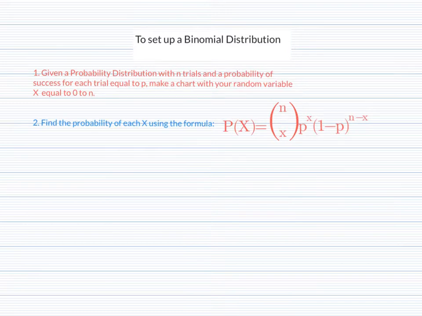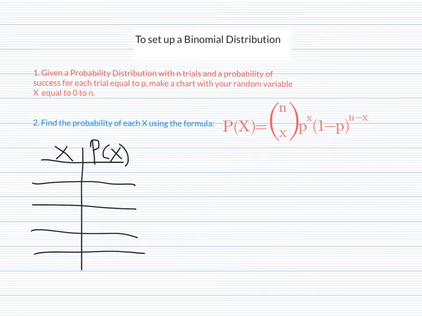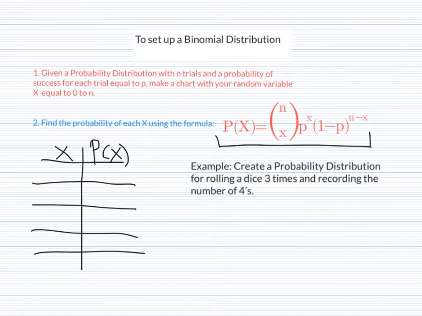So the chart will look something like this, where we have our x for our number of successes and the probability of that many successes in our trials. Then after we find the number of successes, we are going to find the probability of each of those successes by just plugging into this formula. So let's try an example.